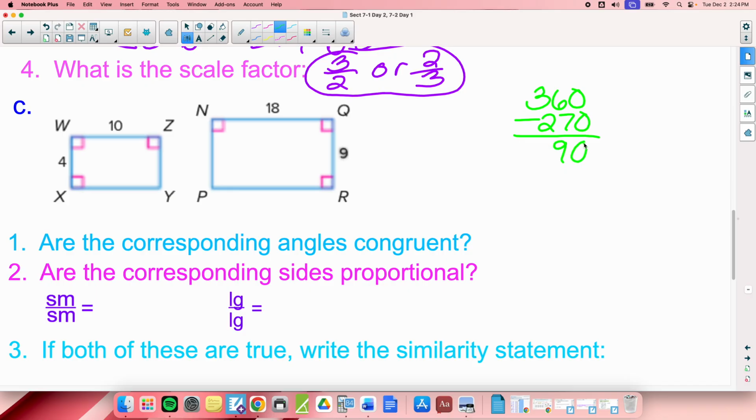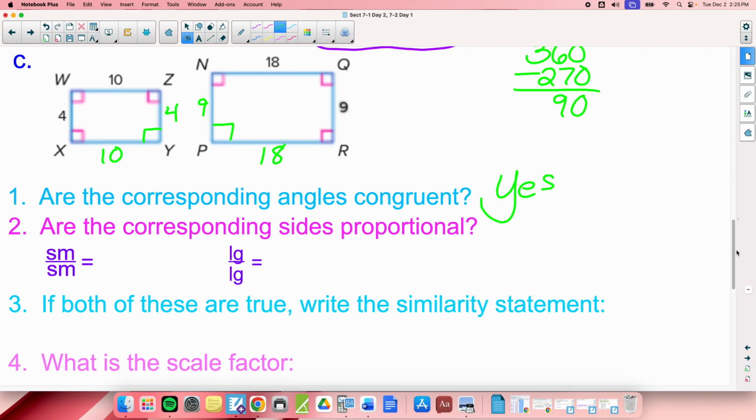So if 3 angles are right, we can assume the 4th angles are right. Okay? Now, this is a rectangle, and that's 10, so that would tell us this is 10, that's 4, that's 4. This is 18, that's 18, that's 9, that's 9. So are our corresponding angles equal? Yes, because they're all 90.